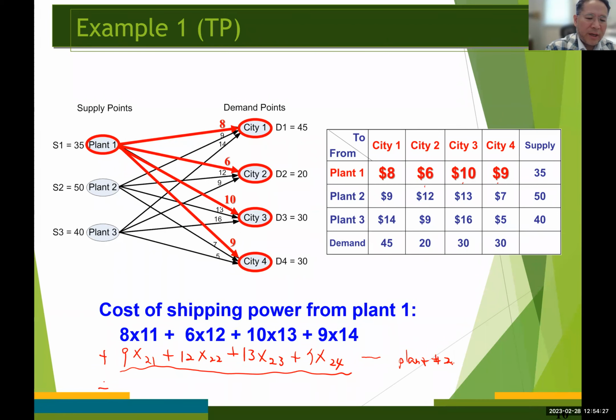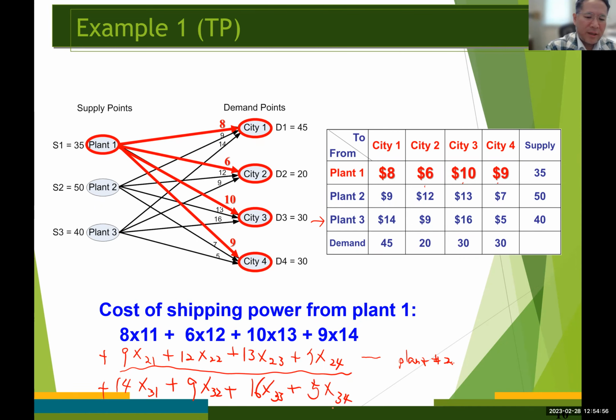And you also need to add the cost of shipping the power from plant number 3. That's going to be using this row from the table: 14 times x31 plus 9 times x32 plus 16 times x33 plus 5 times x34.